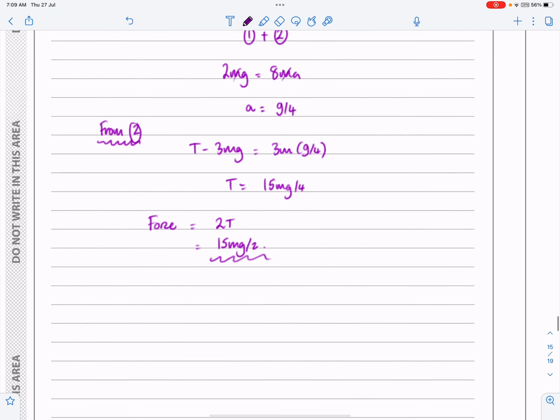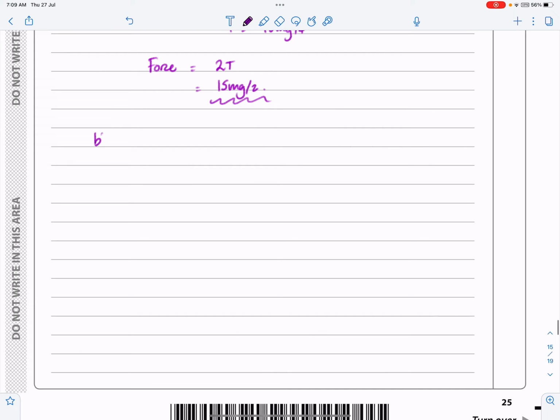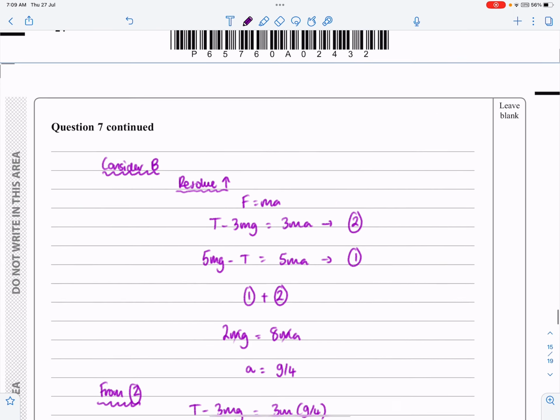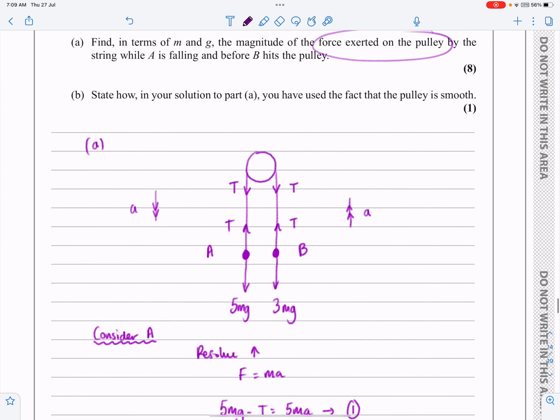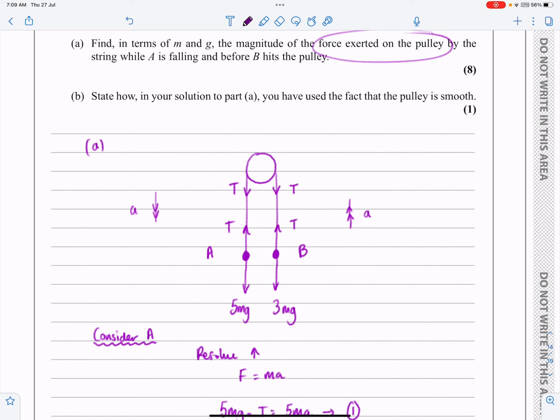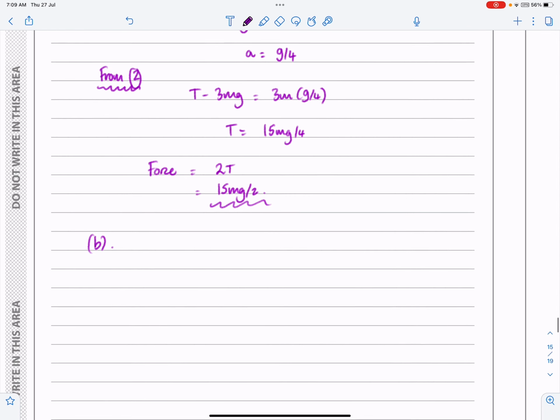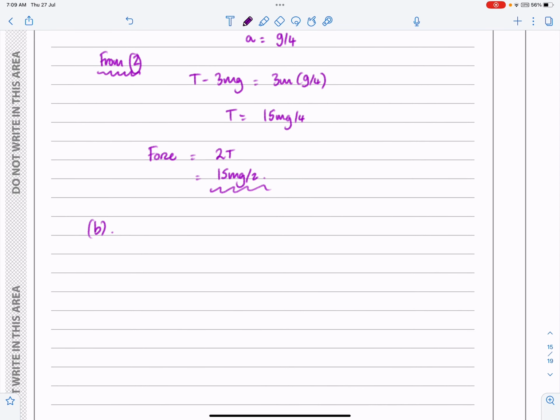And then the second part, this is one of these questions that they ask us. I've got a separate video on this, which is just talking about all the various different scenarios that you could have, the modelling scenarios that you could have. And in this case, if the pulley is smooth, what that tells me is the tension is the same.